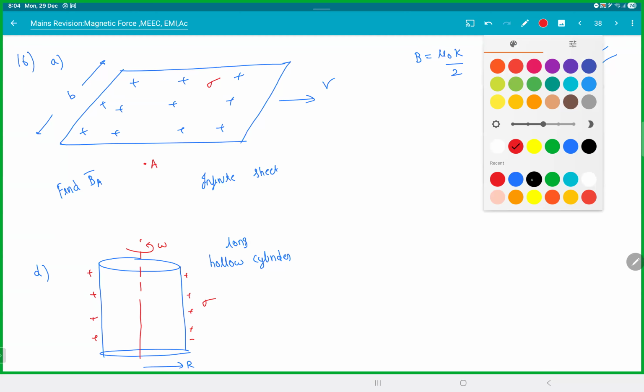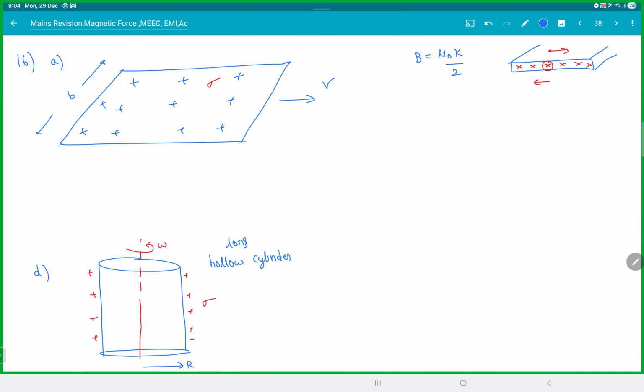So here what we will do, this is a small sheet here. We will take a small slice like this. This slice will be dx.